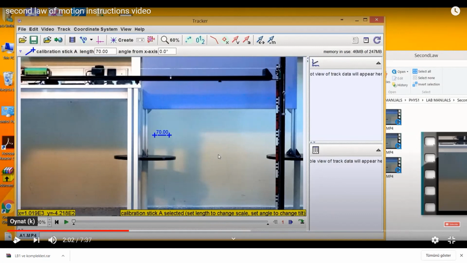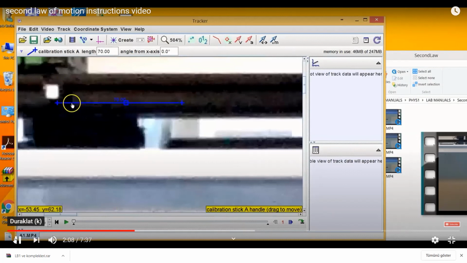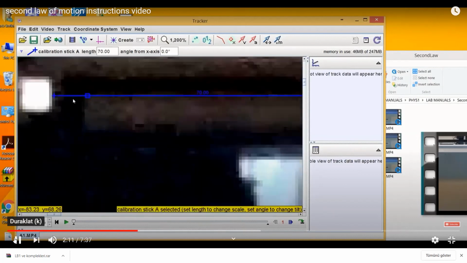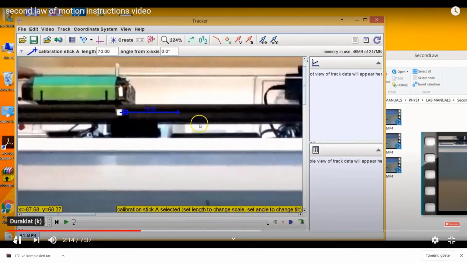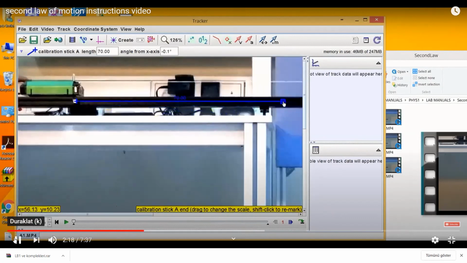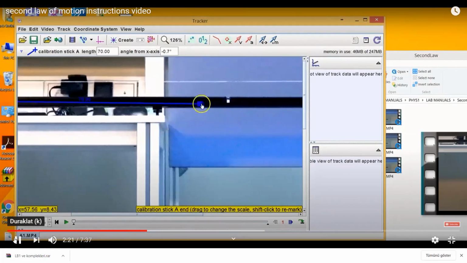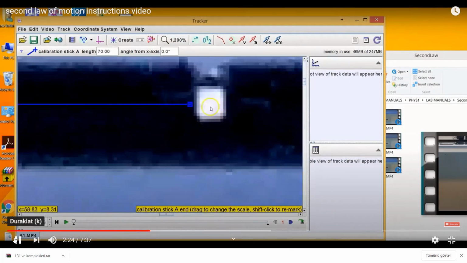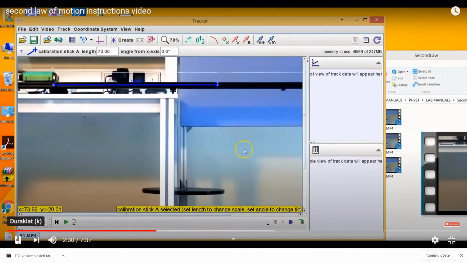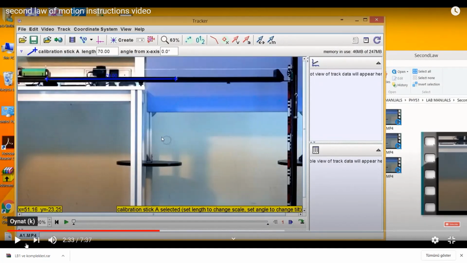Then we write 70 centimeters in the default part. In this experimental setup, a white band is stuck to the motion plane with a scale of 70 centimeter intervals.